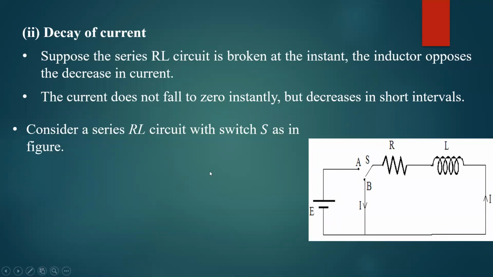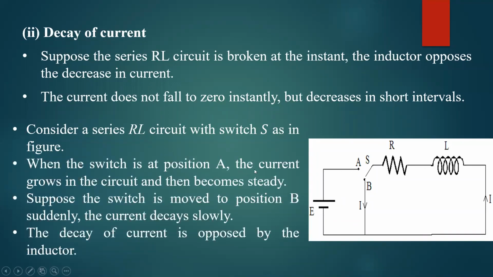So when the switch is at position A, the current grows in the circuit and then becomes steady at the maximum value I0.